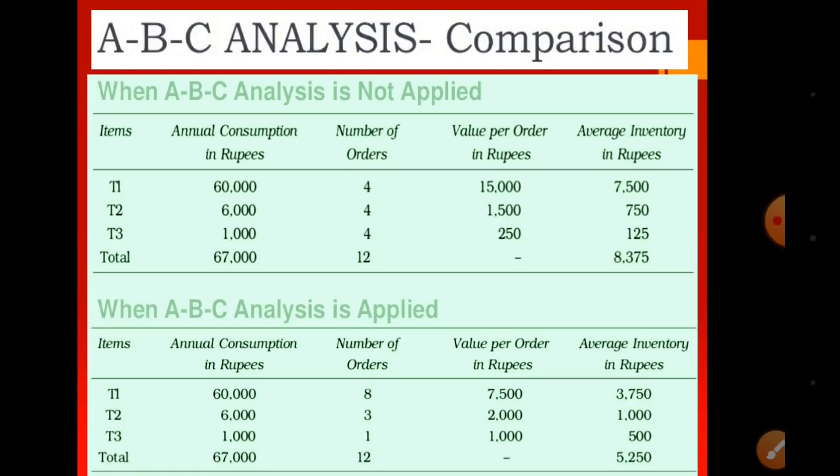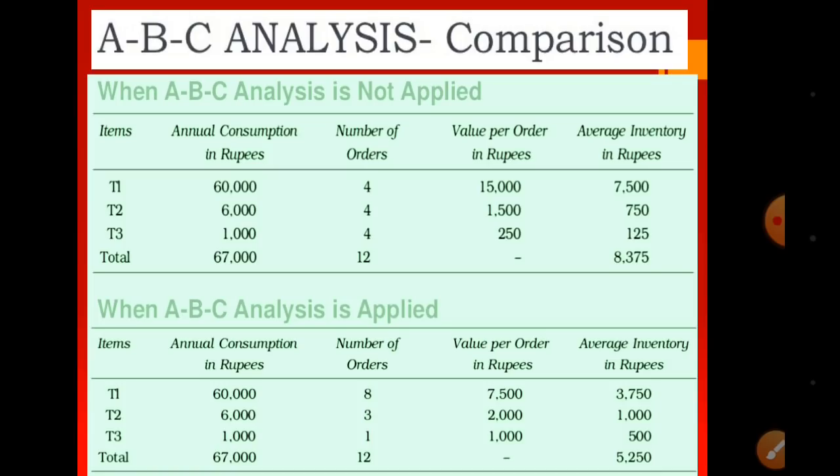So the value per order in rupees varies like 7,500, 2,000 and 1,000. The average inventory in rupees in that case decreases, and the total value is 5,250.